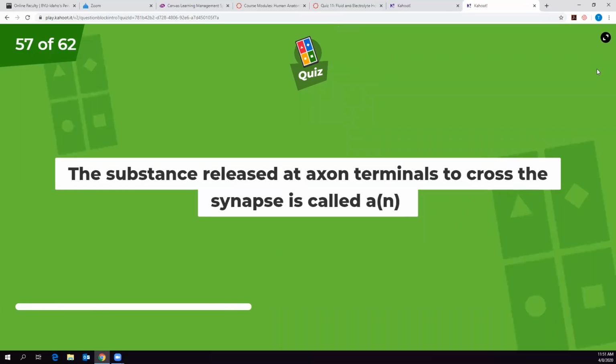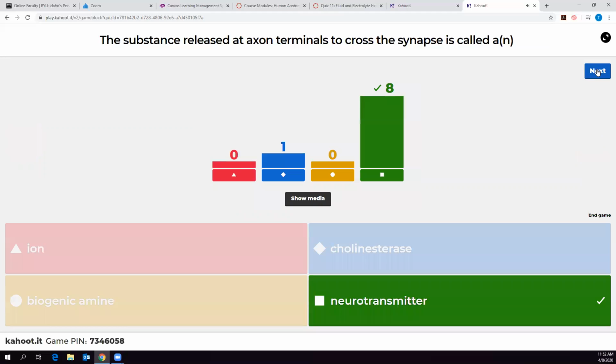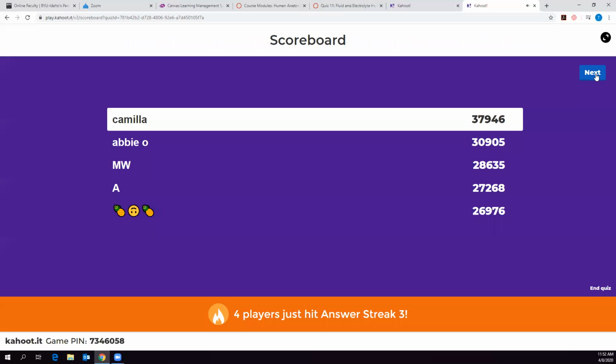Okay, substance released at axon terminals to cross the synapse is called, should be easy. Yep, a neurotransmitter. Nice job. Go, Sarah.